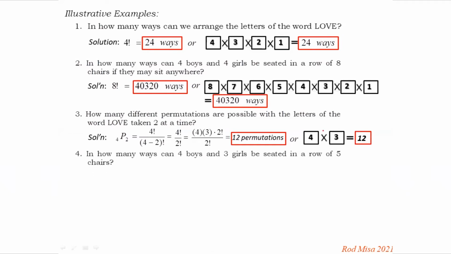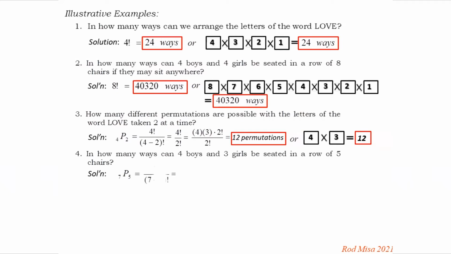Now let's proceed to our fourth example. In how many ways can 4 boys and 3 girls be seated in a row of 5 chairs? Now here we can still use our second theorem, that this is the permutation of 7 students from the 4 boys and 3 girls, and then take 5 students at a time, irregardless of their gender.